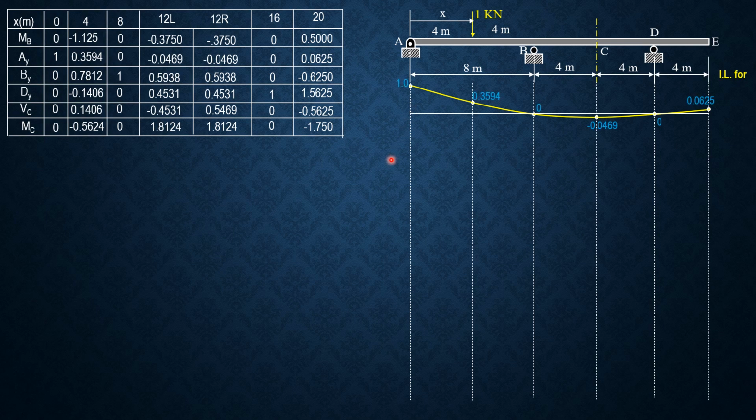These are the ordinates. Then for BY, it begins with 0, 0.7812, 1, 0.5938, 0, negative 0.625. So that's the influence line for BY.